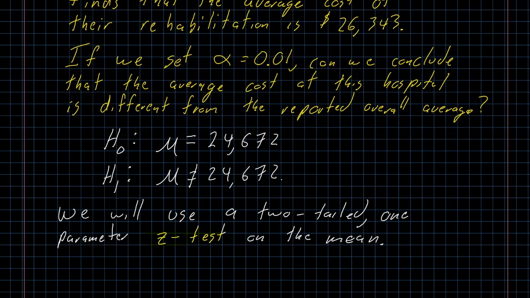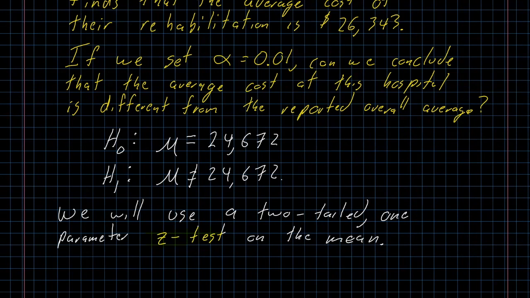I talked about one-tailed or two-tailed prior to collecting the information, and we already have the information, so that skews our perception a bit. But prior to collecting the information, all we cared about is is this different. It could have turned out that the cost at our particular hospital was higher.